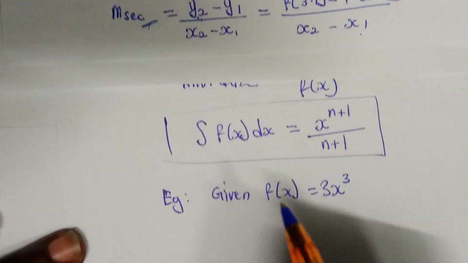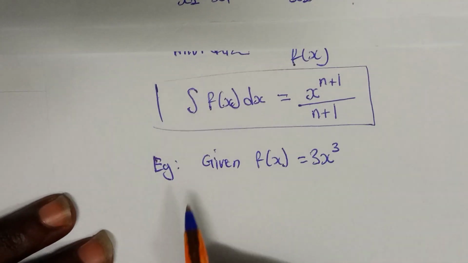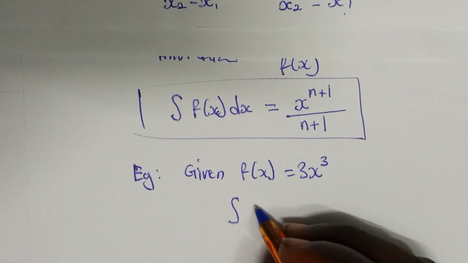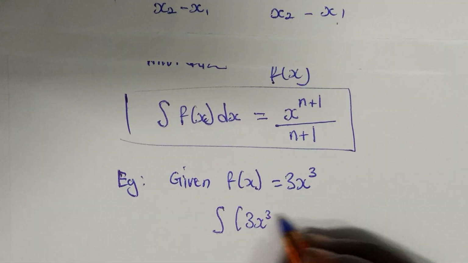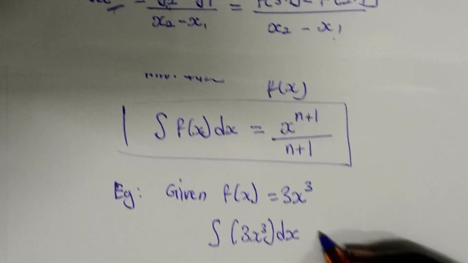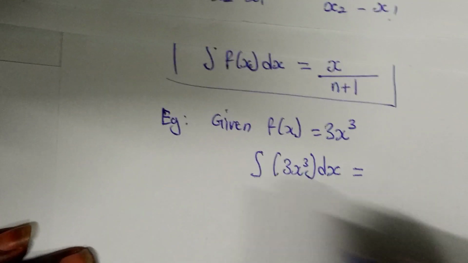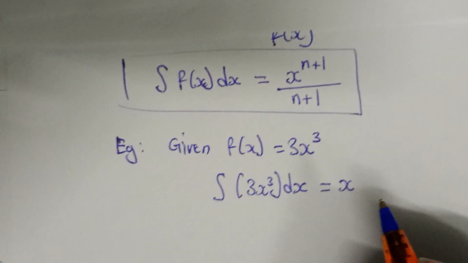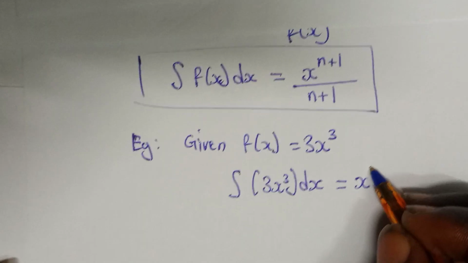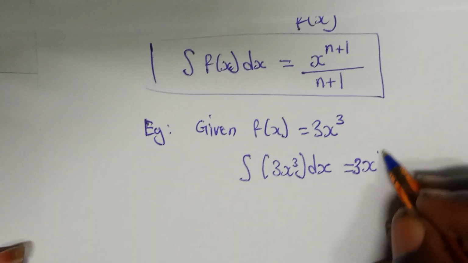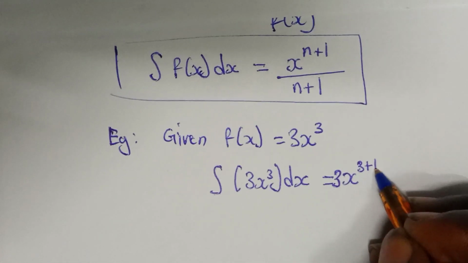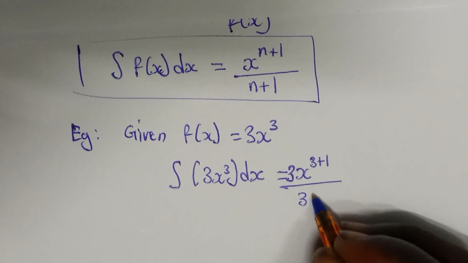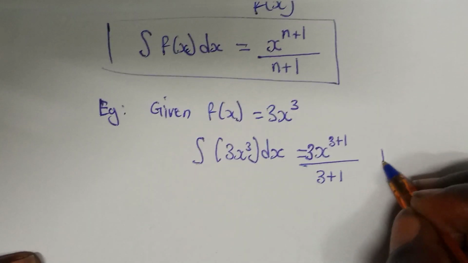When you want to find the integral of this function, we are going to get the integral of 3x cubed dx, which is equal to 3x raised to the power 3 plus 1, all divided by the power, which is 3 plus 1, plus the constant.